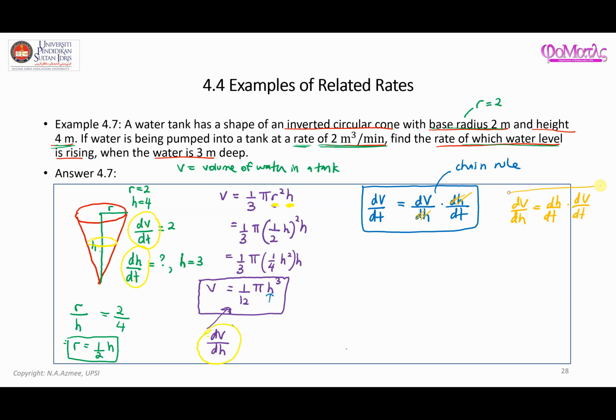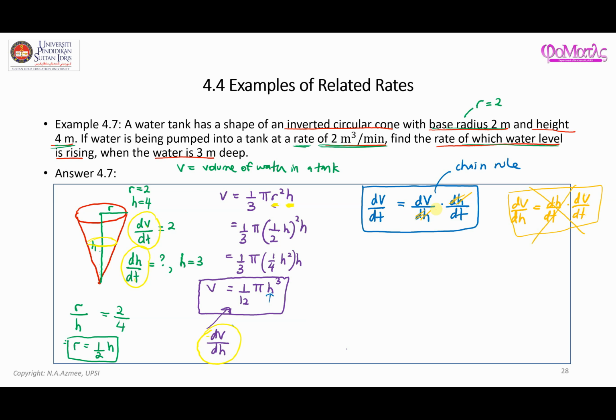If somebody else is doing this other expression, there is nothing that can be cancelled out, and you can see that the right hand side is not equal to the left hand side, so definitely this is wrong.